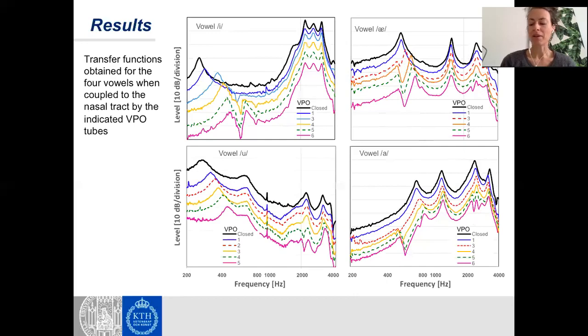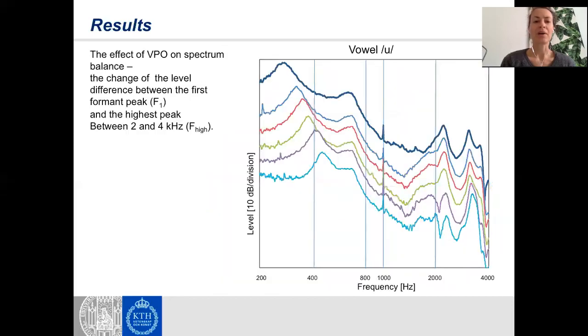And another interesting aspect would be the effects on the spectrum balance. As we know, the spectrum balance is of great relevance for both speech and singing, and the effect of VPO on this balance can be measured when we look at the level of the first formant peak here, and compare it to the highest formant peak in the high range between 2 to 4 kilohertz.